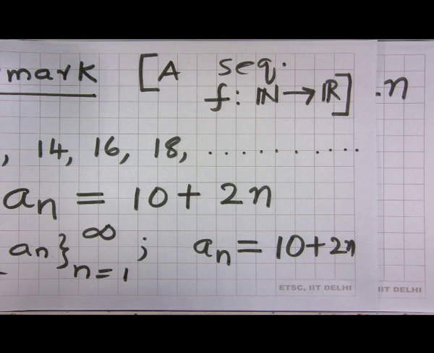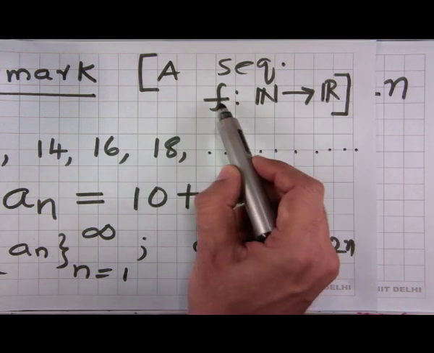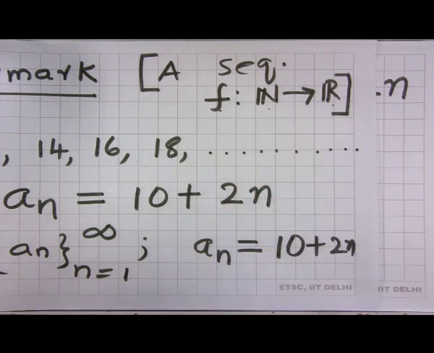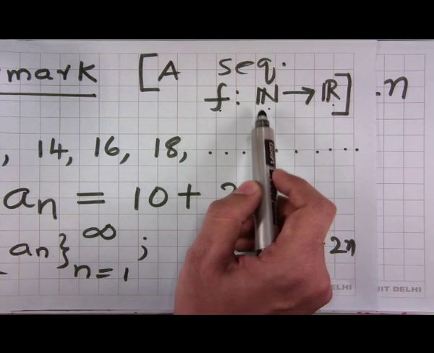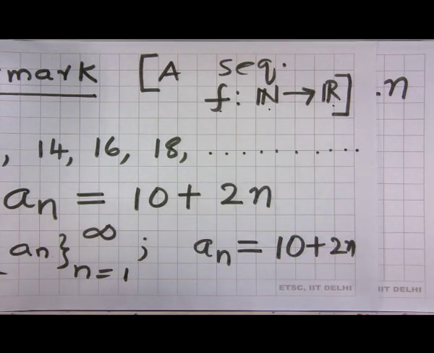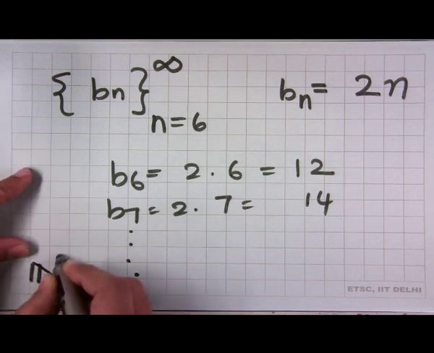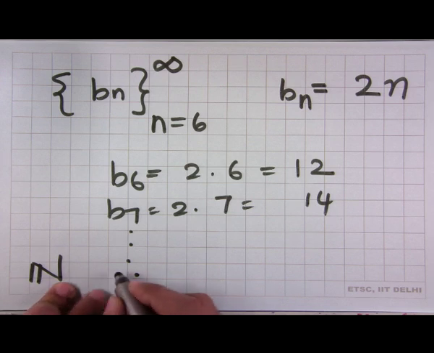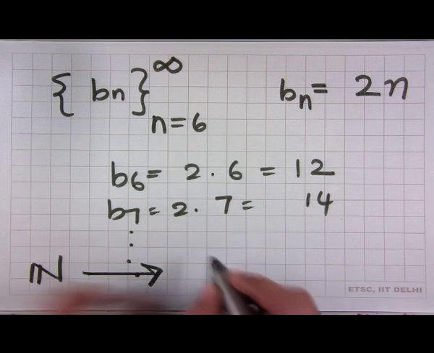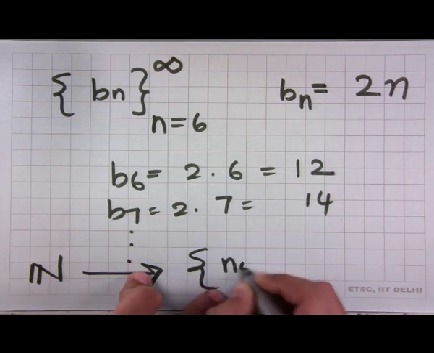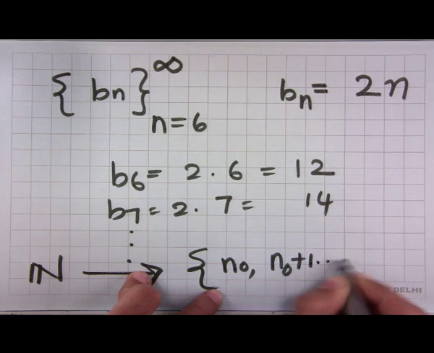This remark is to point out that though in the definition of a sequence we took a function from N to R, sometimes it is convenient to work with a subset of N starting from, say, n naught. Instead of the whole N, we may work with the set n naught, n naught plus 1, and so on.